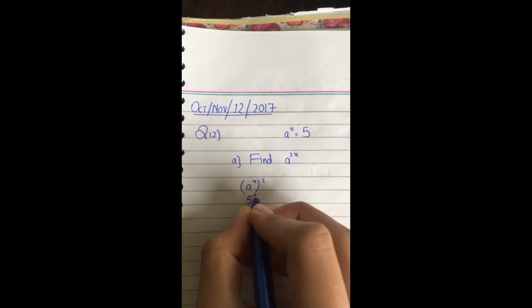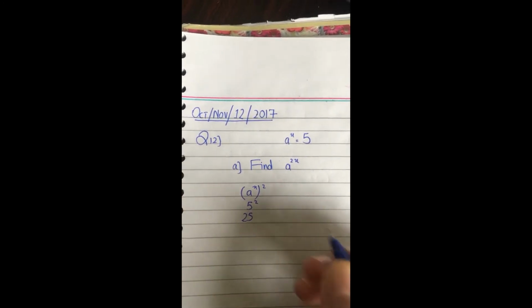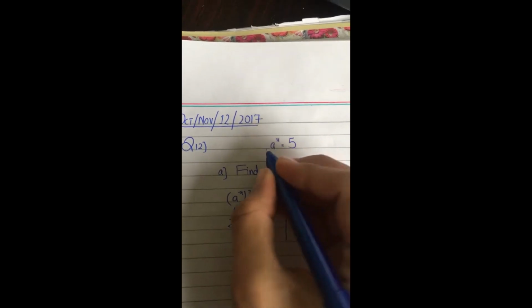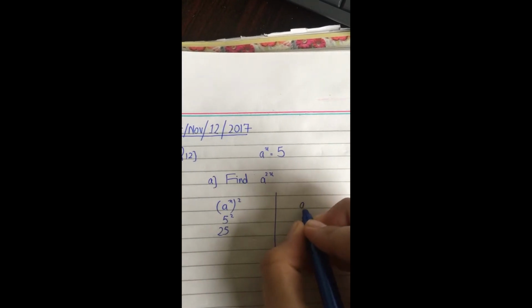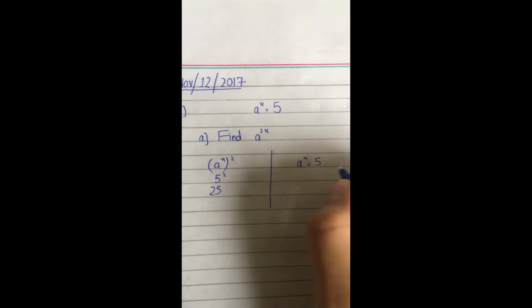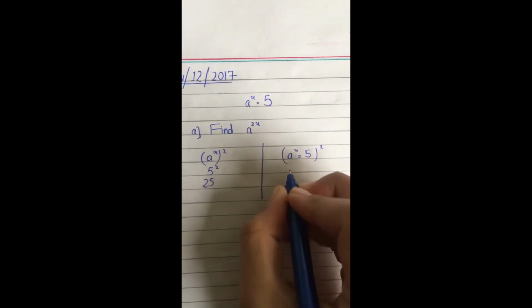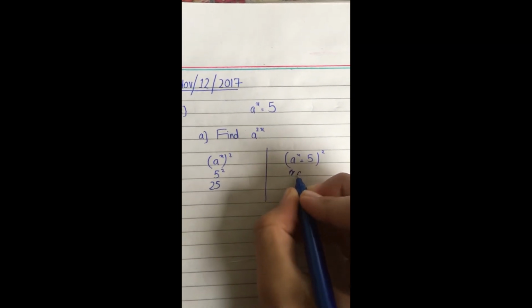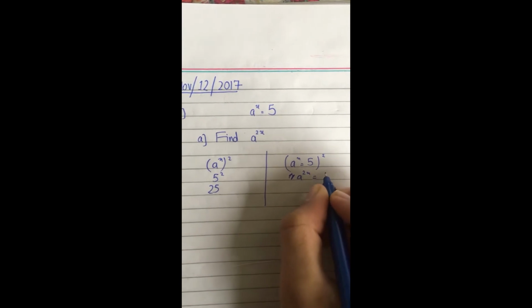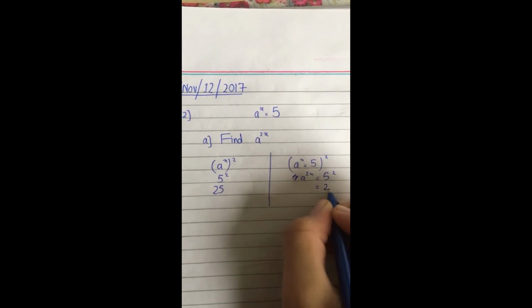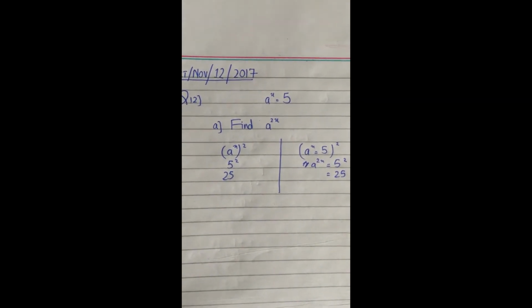This will make 5 squared, which is 25. Or we can use this equation here, a power x equals 5, and if we square this entire equation, that's going to give us a power 2x equals 5 squared, which will give us 25. Either way the answer is the same.